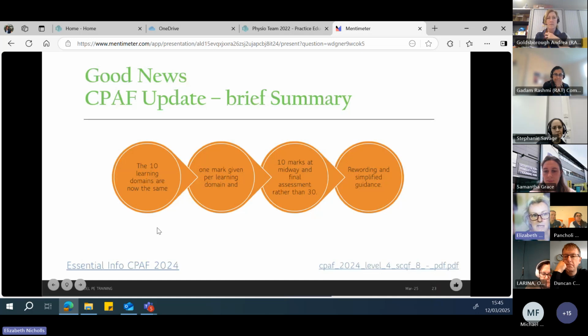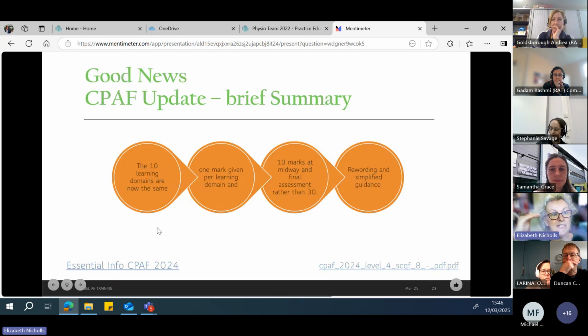There are still the 10 learning domains, but you only have to allocate 1 mark to each of the 10 learning domains. On I think page 2 of the CPAF now, there is a summary page, which gives the overall marks for each of the learning domains. And that's what we look at at the end of the placement.